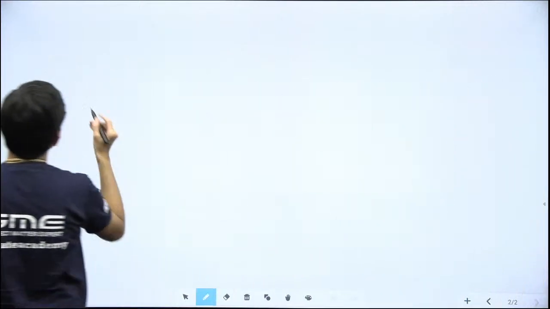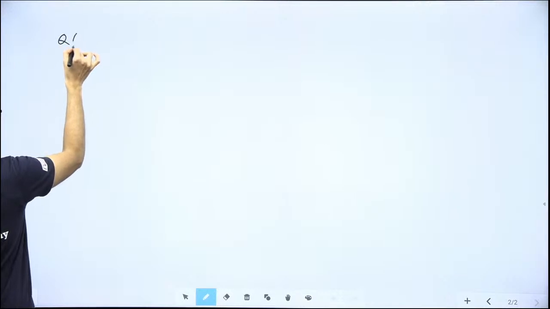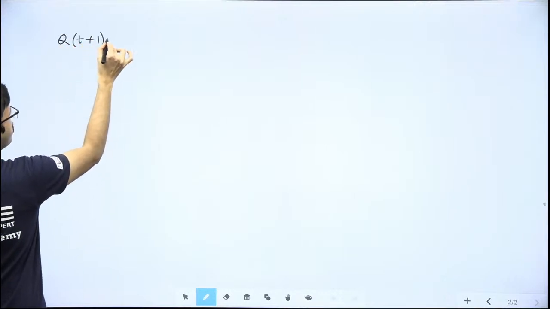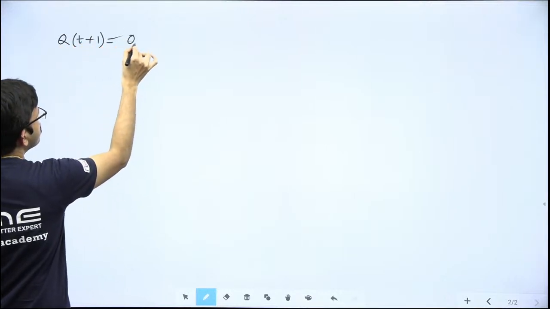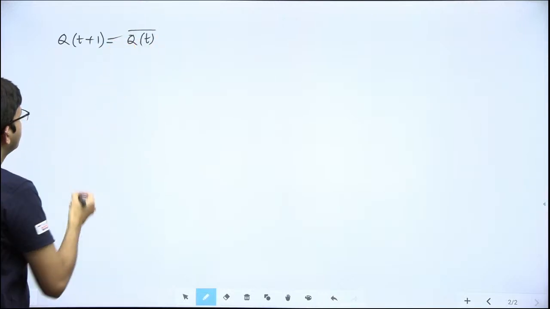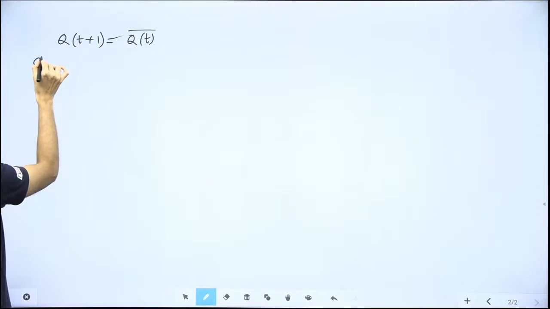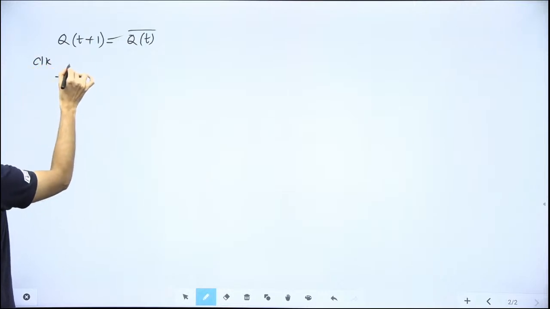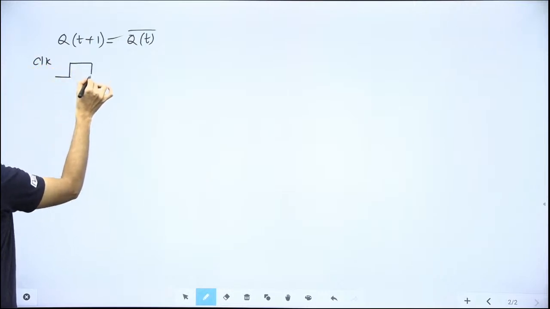So we got the characteristic equation finally after doing simplification, Q of t plus 1 equals Q of t whole bar. First I am drawing the clock signal waveform. You can draw the periodic square waveform.